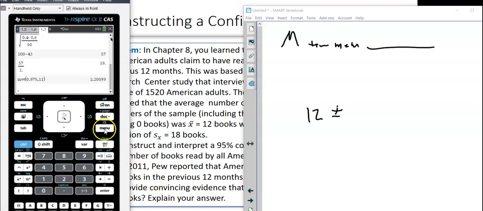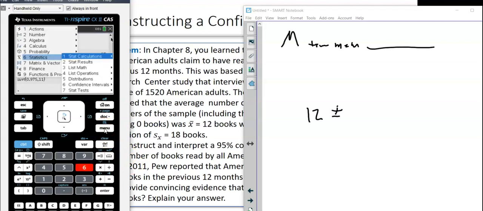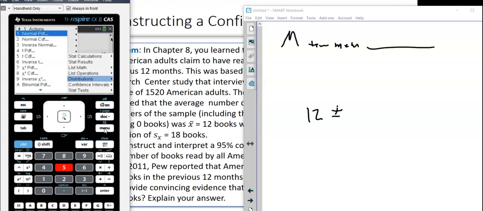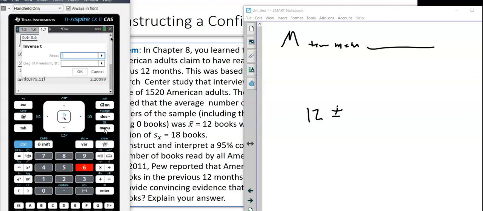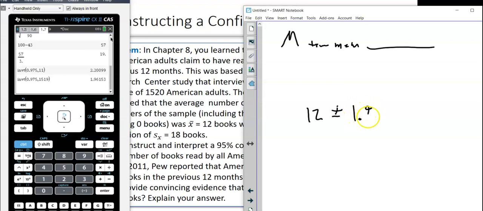Let's go to inverse t, which is menu 6, 5. Inverse t: area is 0.975 for 95%, and degrees of freedom 1519, which is 1520 minus 1. Okay, 1.96. That actually makes sense, right?